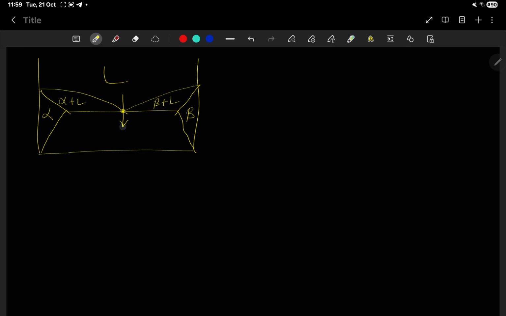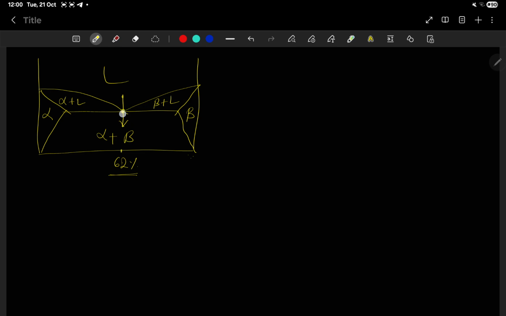If we cool liquid at this fixed composition, at 62 weight percent Sn, we will get alpha plus beta.